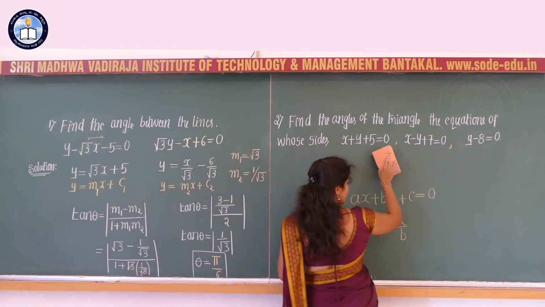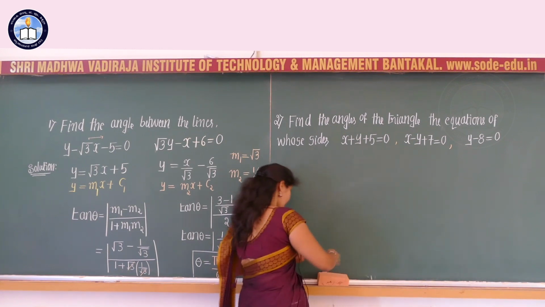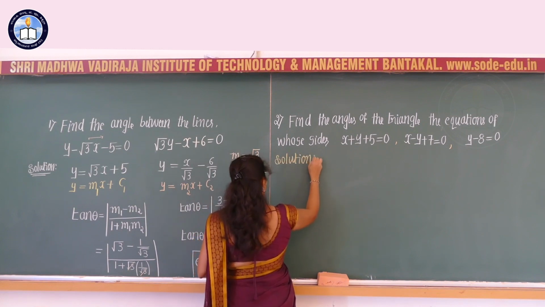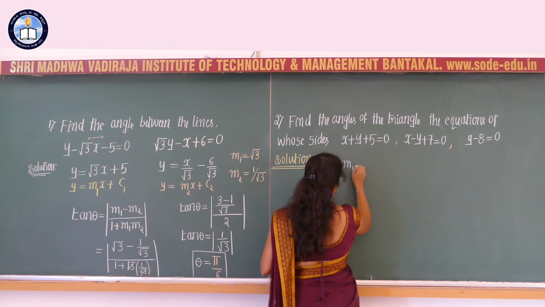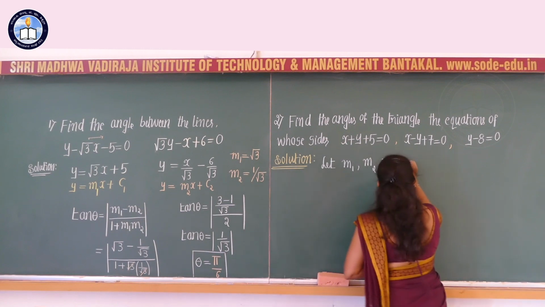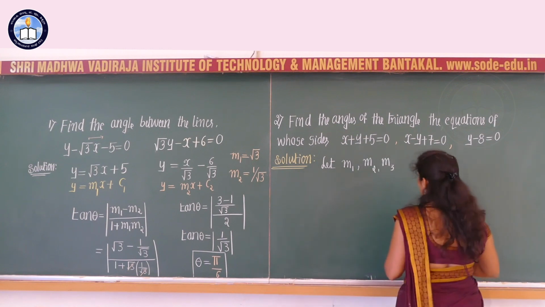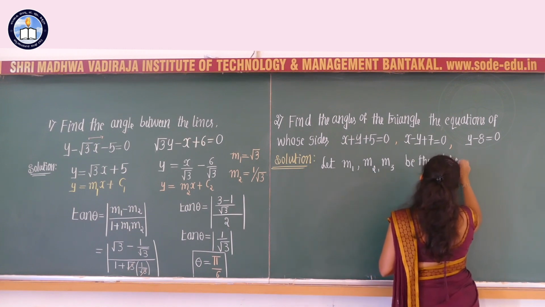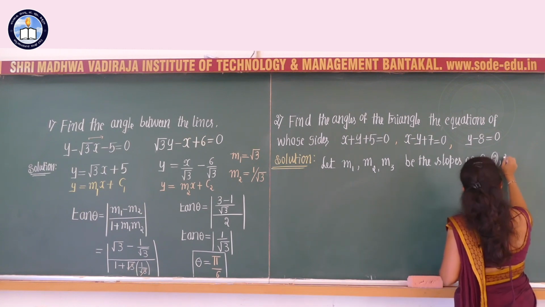So therefore, for the first, second and third equation, I am going to write the slope of the lines. Let's write the solution of the problem. Let m1, m2, m3 be the slopes of equation 1, 2 and 3 respectively.